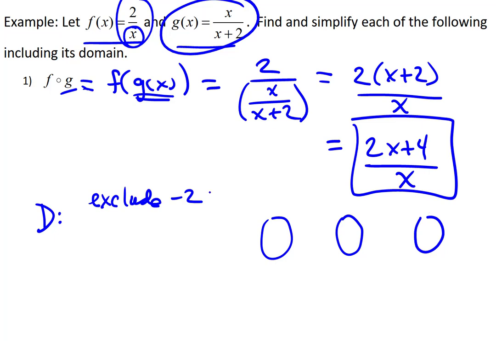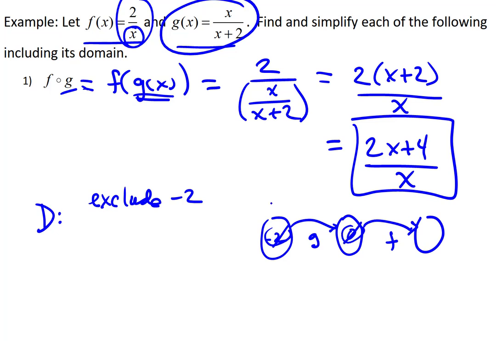All right, so we know we have to exclude negative 2 because the g function will not pick that up. So we have to say can't use negative 2. But then the f function, our second one, will not pick up 0 because 2 over 0 would not be defined. So we cannot use 0 in that domain.